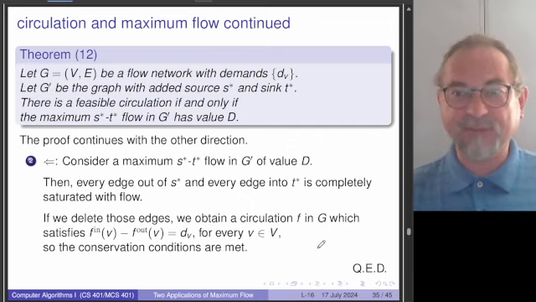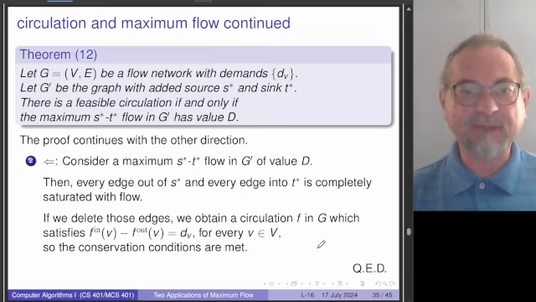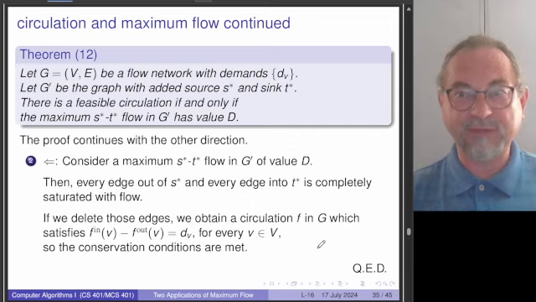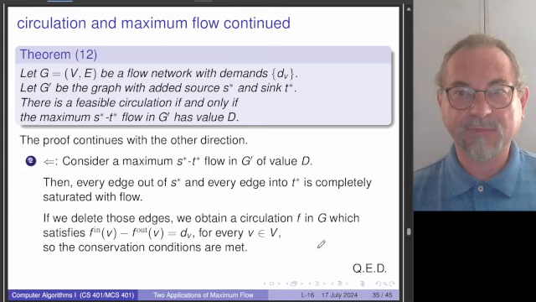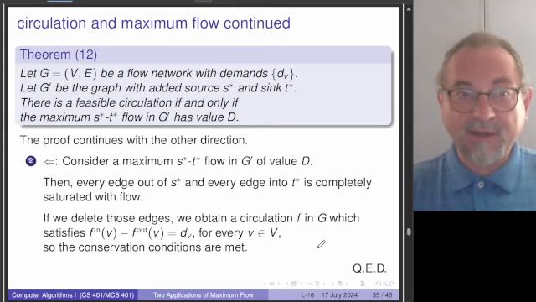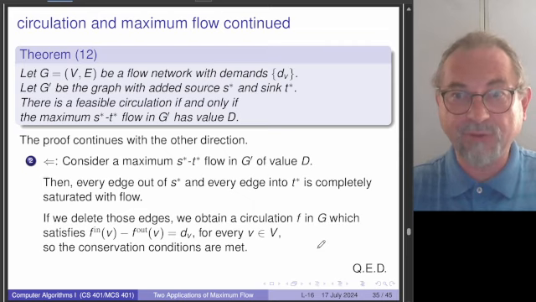That means we can satisfy all the demands at the supply nodes and at the demand nodes, and the conservation is met. That was also the definition of the circulation. So we go back to the original graph and see that the values computed by this maximum flow give a circulation with all the conservation conditions met. Okay, very good. So the problem is reduced to that.